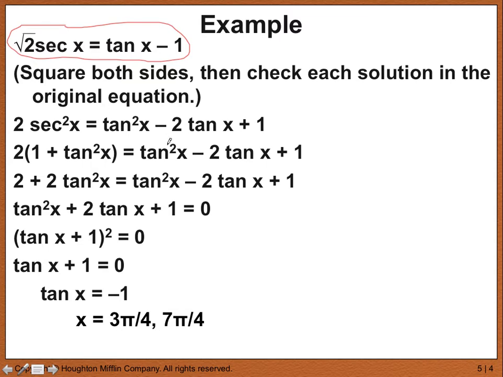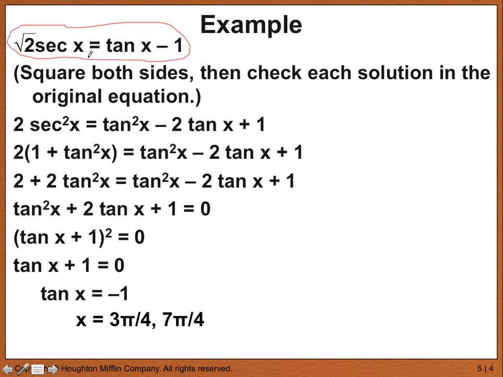You know that secant is just 1 over cosine. So first figure out, what is the cosine of 3 pi over 4? You'll see that the cosine of 3 pi over 4 is negative root 2 over 2. And so 1 over negative root 2 over 2 is the same as negative 2 over root 2. And negative 2 over root 2 times root 2 just gives me negative 2.